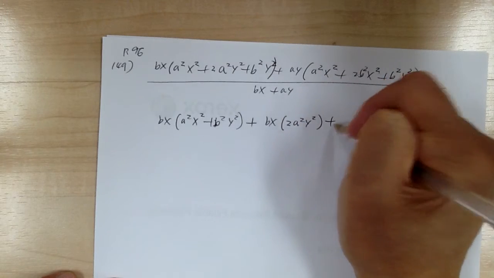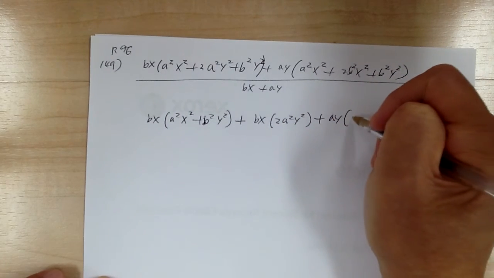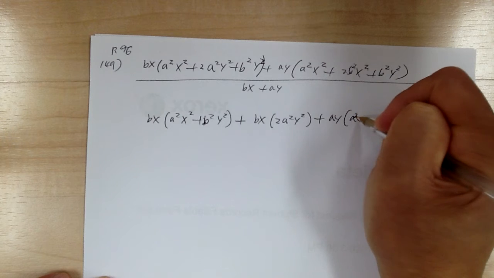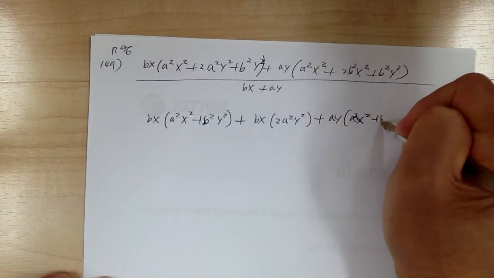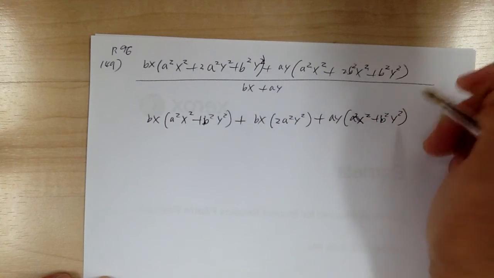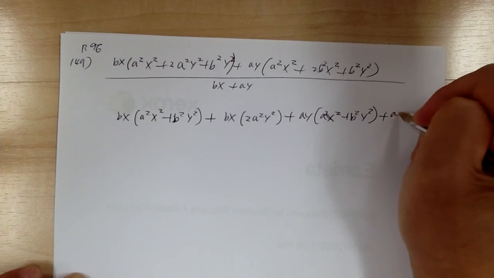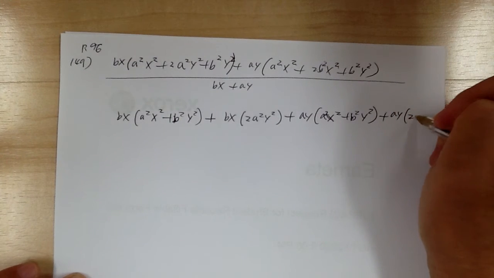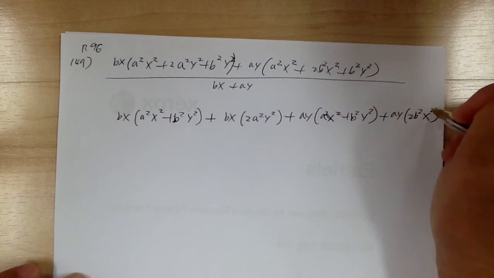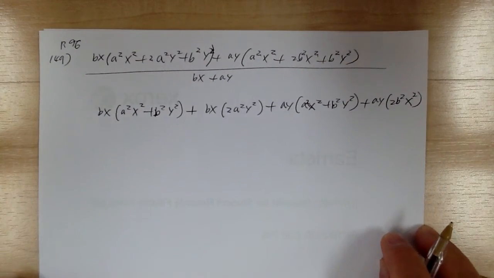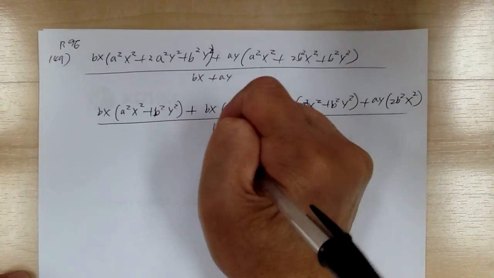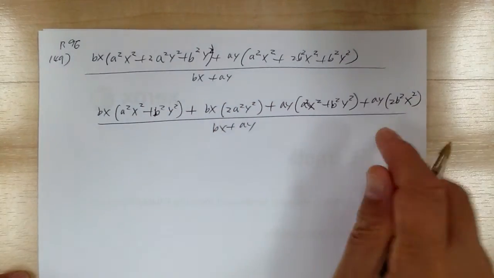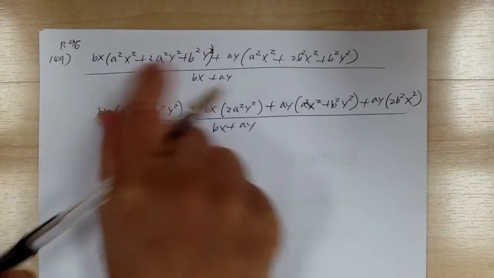Basically I'm distributing bx to these two. This one we do the same thing: plus ay times a squared x squared plus b squared y squared, plus ay times 2b squared x squared, and this whole thing over bx plus ay. The reason we do that is that now we have something we can factor out.